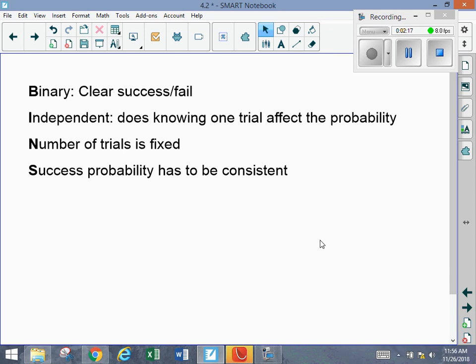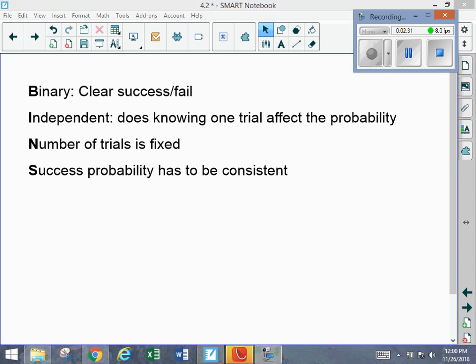S: the probability of success is the same for each trial. We will go through BINS a bunch of times as we go through these examples.